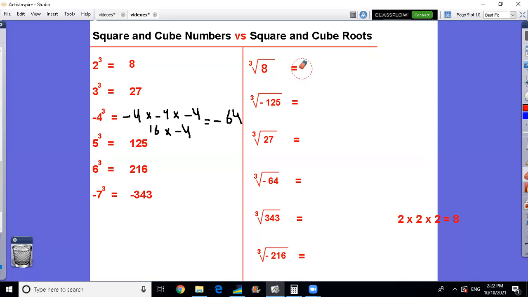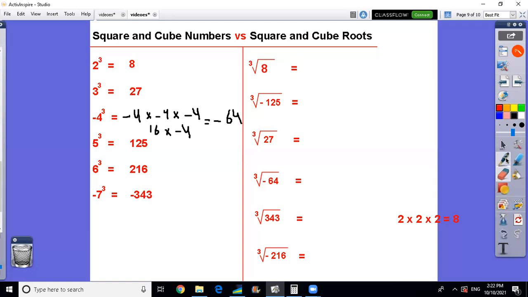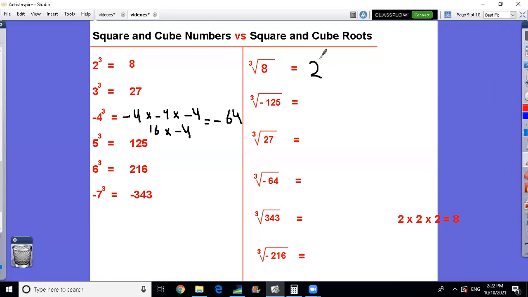It is 2. Yes, it's already there. I'm going to write it. So now, yes, I know that 2 times 2 times 2 is going to give me 8, or 2 cubed is going to give me 8. That's why the cube root of 8 is 2.